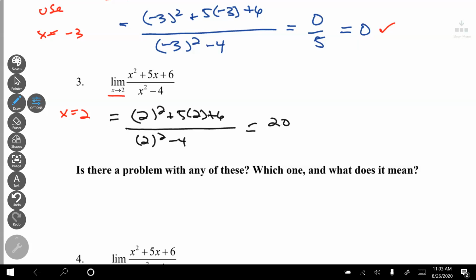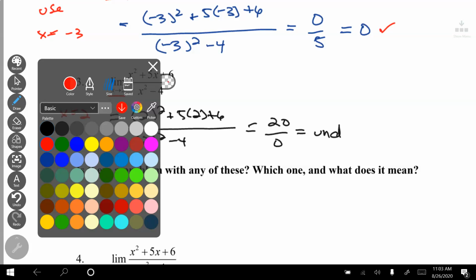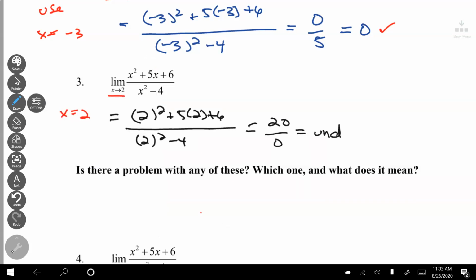I get 20 over 0. And you should know a number divided by 0 is undefined. But where do I go from there? So I'm asking, is there any problem with any of these? And the answer is yes.